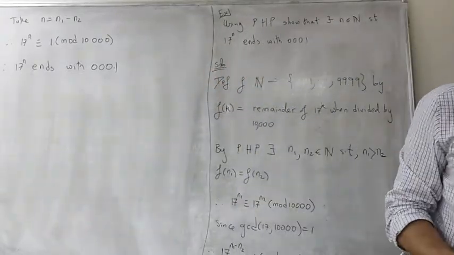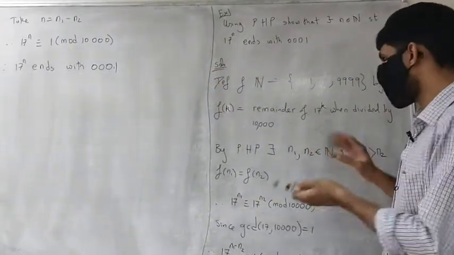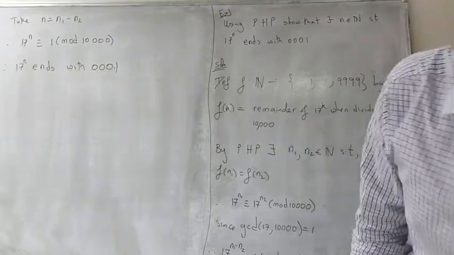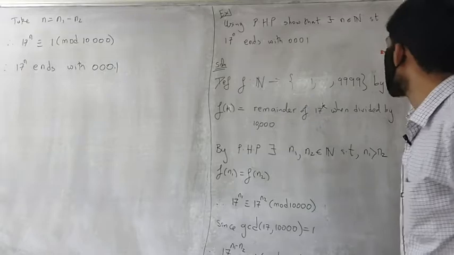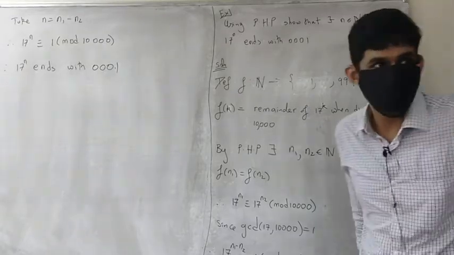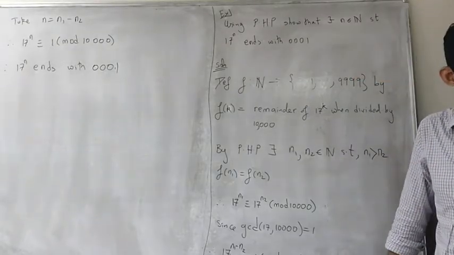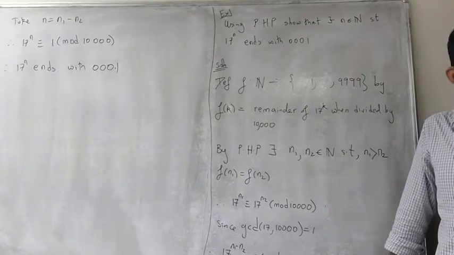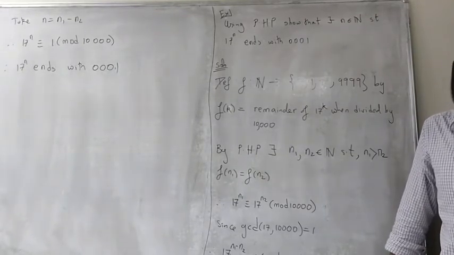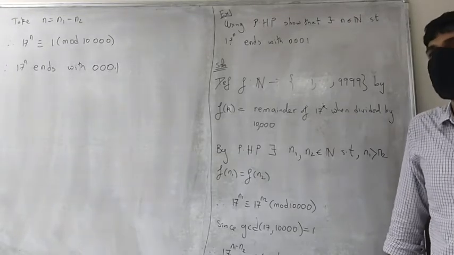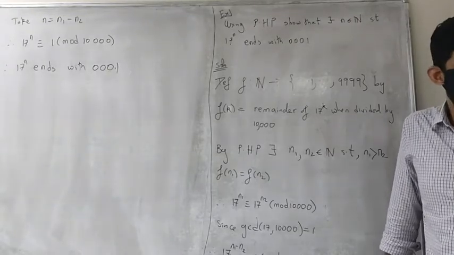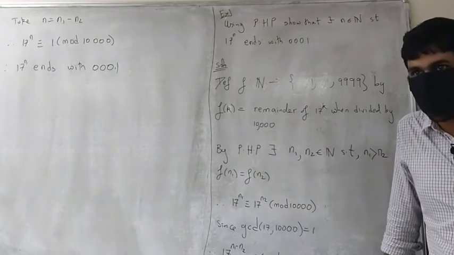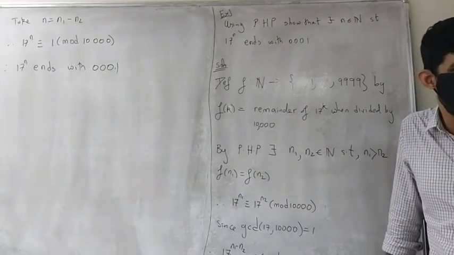Now let's try to ask ourselves, what is so special about this? Can I generalize this any further? Anyone know how I could generalize this result? Just by observing, what is special about 17? The GCD with this thing. In fact, you could go even further to just say that the GCD with 10 is 1.